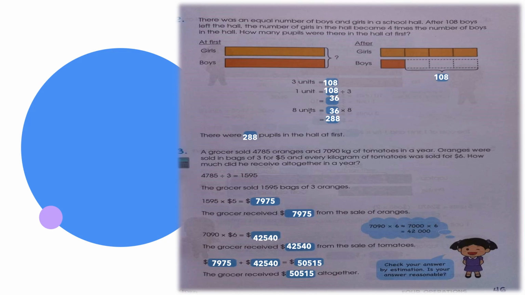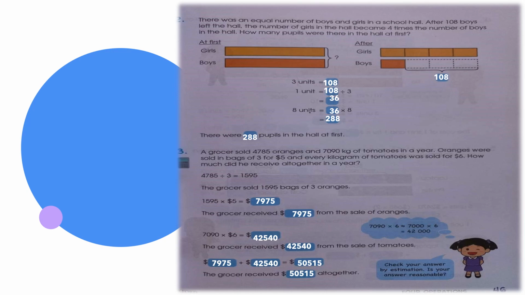Now we have to find out that each bag costs $5. So how much he earned from selling oranges comes after we multiply 1595 by $5, which is 7975. So basically he received $7975 from the sale of oranges.